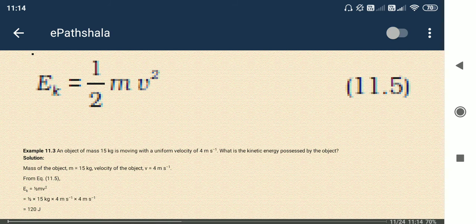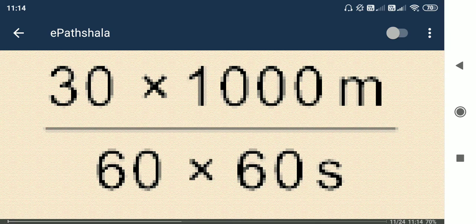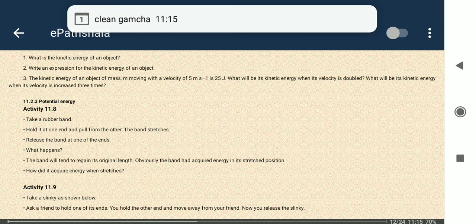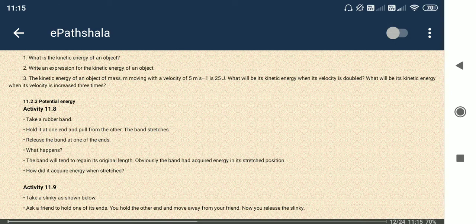Okay, this formula I have discussed already. Kinetic energy is half mv square. Next one, potential energy. You can get some understanding from the word potential, which means potency. An object has a specific potential energy, meaning it can do some amount of work.